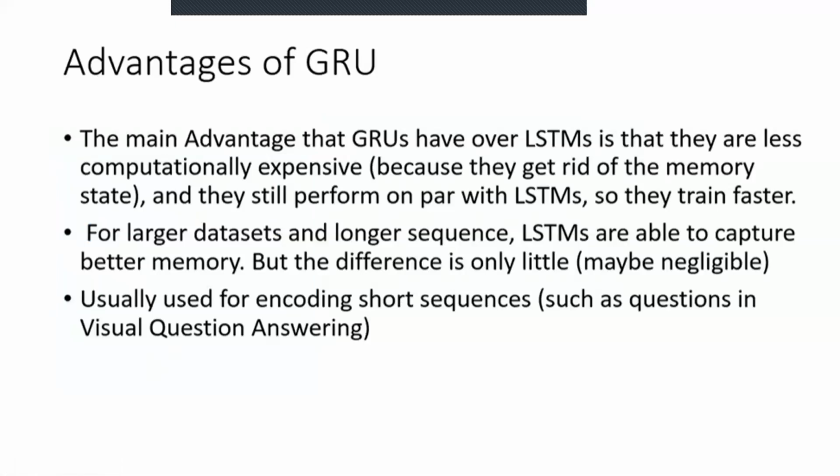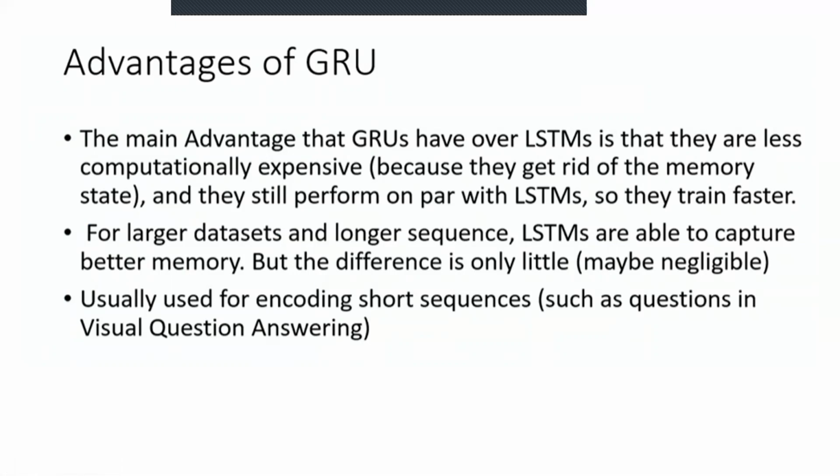The advantage of a GRU over the LSTM is that it is less computationally expensive, because we are not doing an extra calculation on a memory state, and they still perform well compared to an LSTM. The disadvantage of GRU is that for a larger data set, for a larger sequence, the LSTM is able to capture better memory and understand the contextual information better.